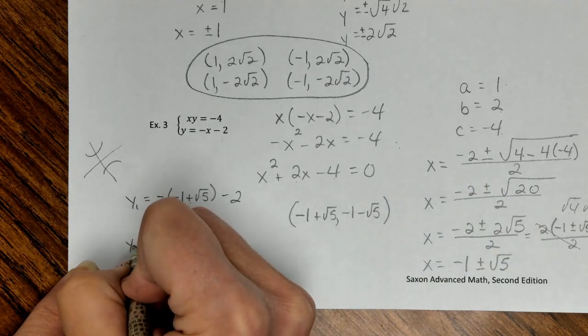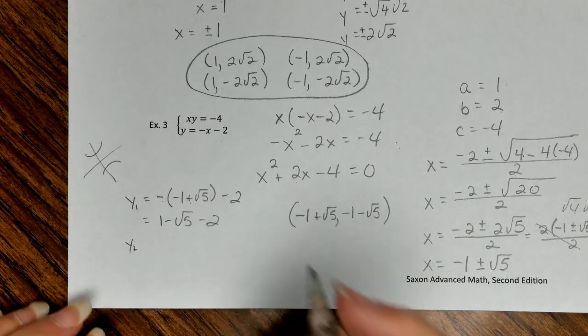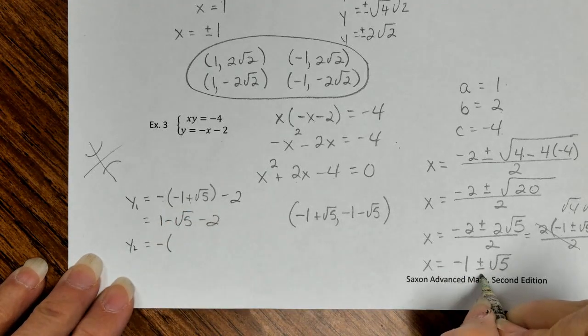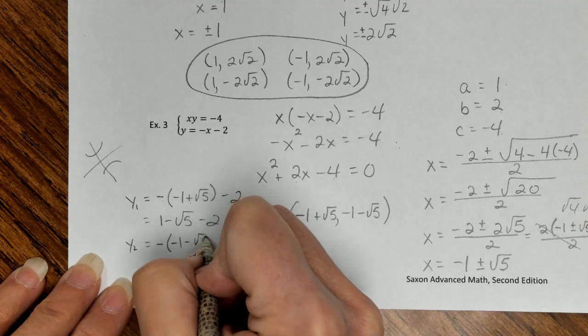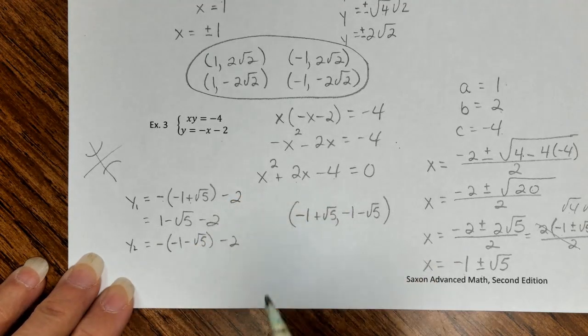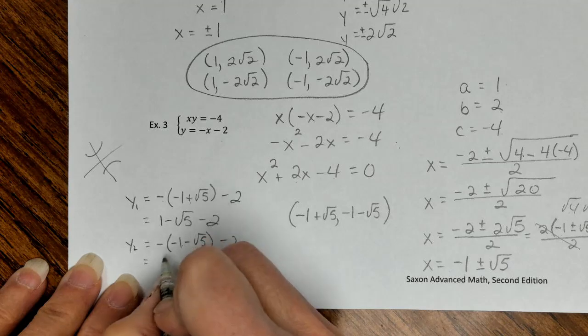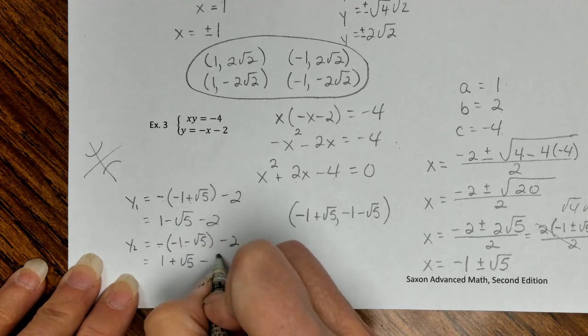Okay, so the second one's going to be where it was minus root 5 for my x, so the opposite of negative 1 minus root 5 minus 2. And so that is positive 1 plus root 5 minus 2.